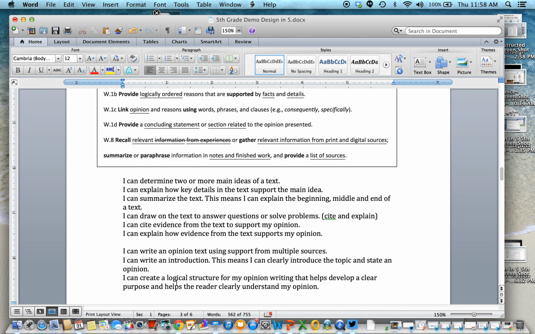Okay, so that one says I can create a logical structure for my writing that helps develop a clear purpose and helps the reader clearly understand my opinion.